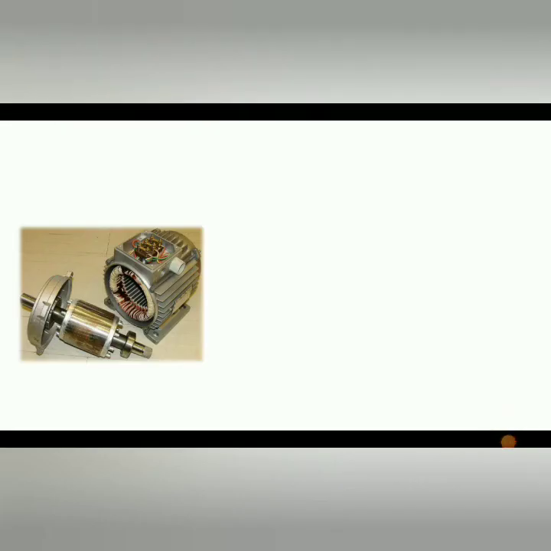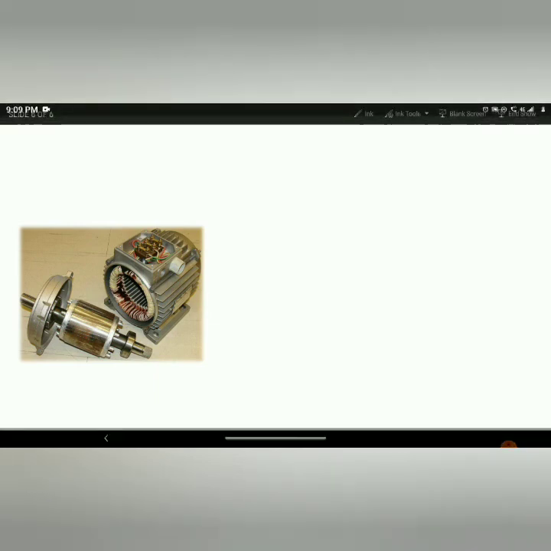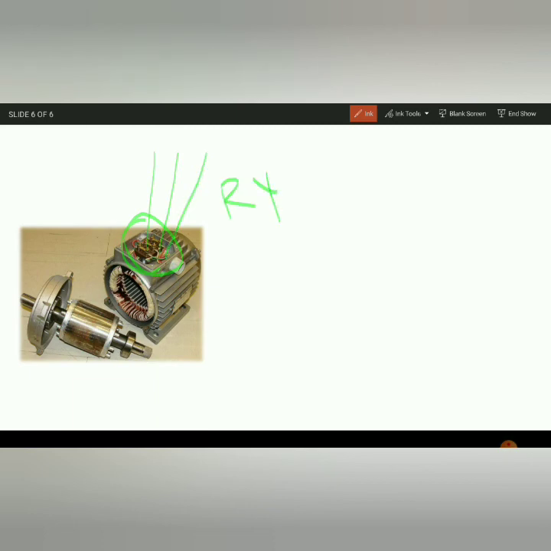Here you can see the complete induction motor looks like this. This is the terminal box where you give the three-phase supply. For squirrel cage you can see only the RYB terminals, so just connect the RYB, and for slip ring you will find RYB and S1, S2.